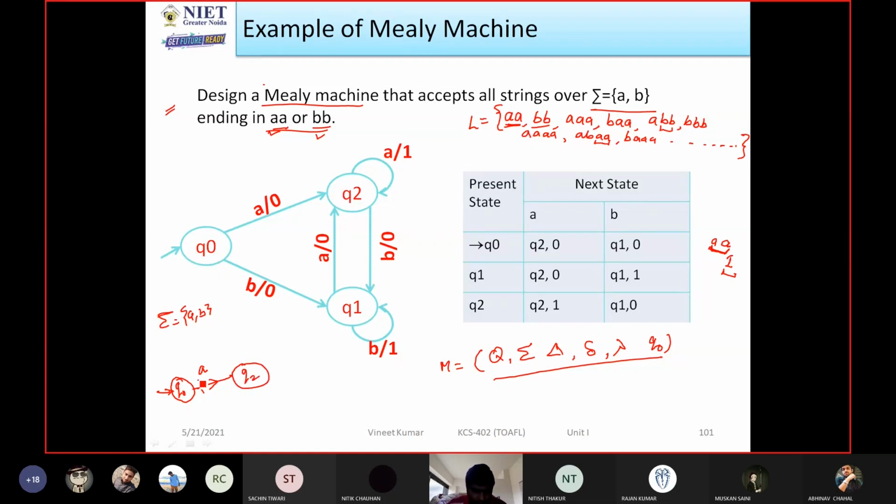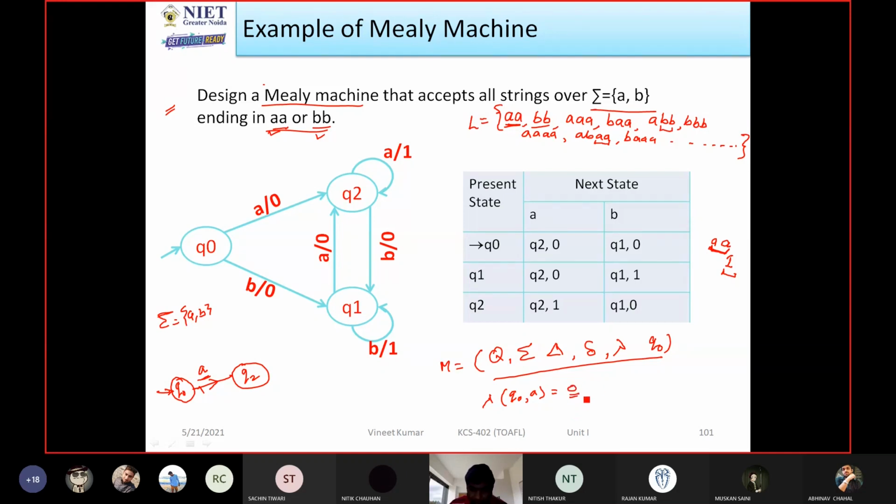So what will be the output associated with this? That means lambda of Q0 of A should be what? Tell me. 0. Why? What is the reason?